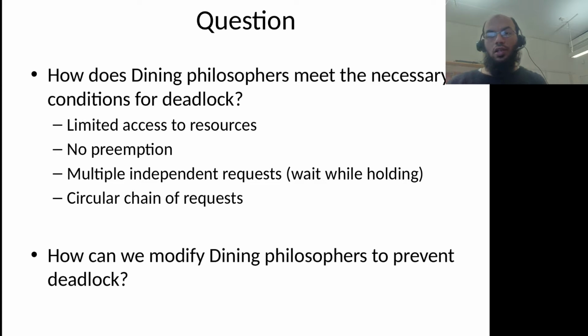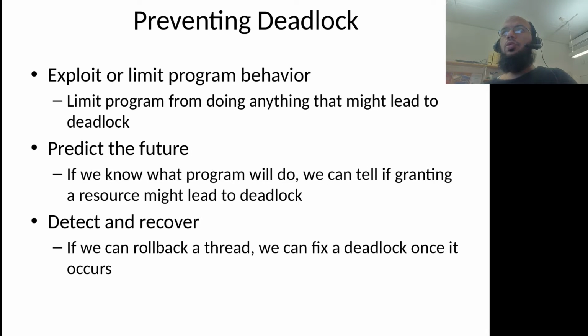Since the rule is that you always acquire your left-hand side chopstick first, one of them will not have a chopstick on his left-hand side, so he cannot do anything. And then eventually one of the others will acquire two chopsticks. So there are multiple ways to break these deadlocks. I'm going to sneeze, so I am going to stop.